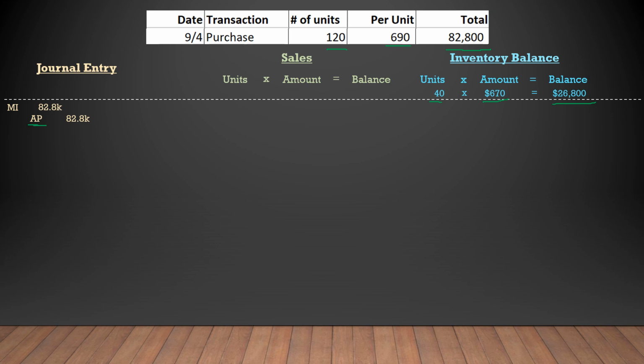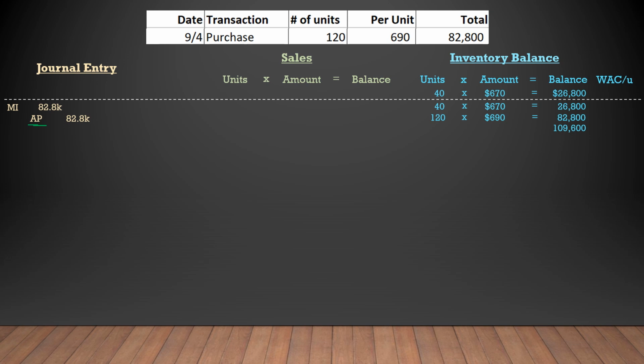We'll incorporate this purchase with our beginning inventory. We now need to calculate our weighted average cost per unit. We sum the $26,800 with the $82,800 to get our total cost of inventory on hand, $109,600.